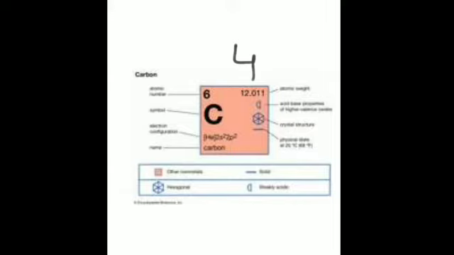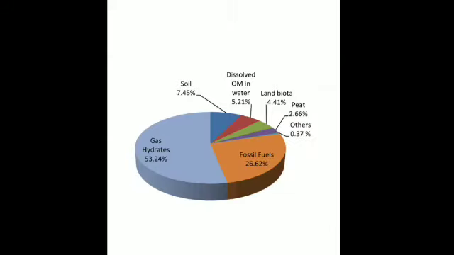Now carbon is one of the most widely distributed elements on the earth. You can see the distribution in the form of fossil fuel, peat which is a form of coal, then land biota, that is the soil, which includes all the soil and organic matter present in it, then all the dissolved organic matter in water, then it is a constituent of soil, and of course gas hydrates.